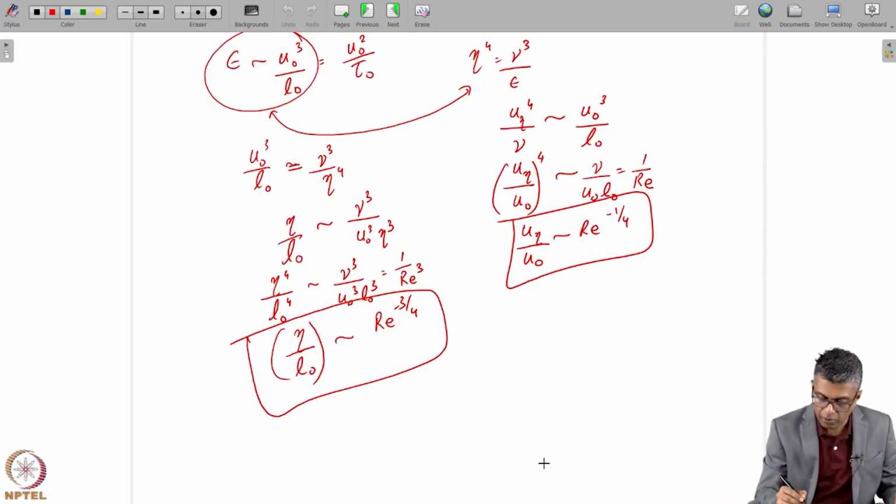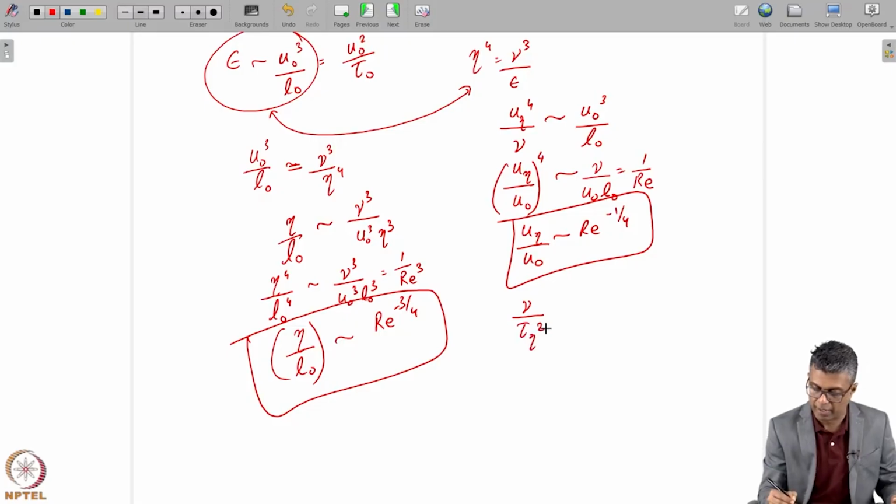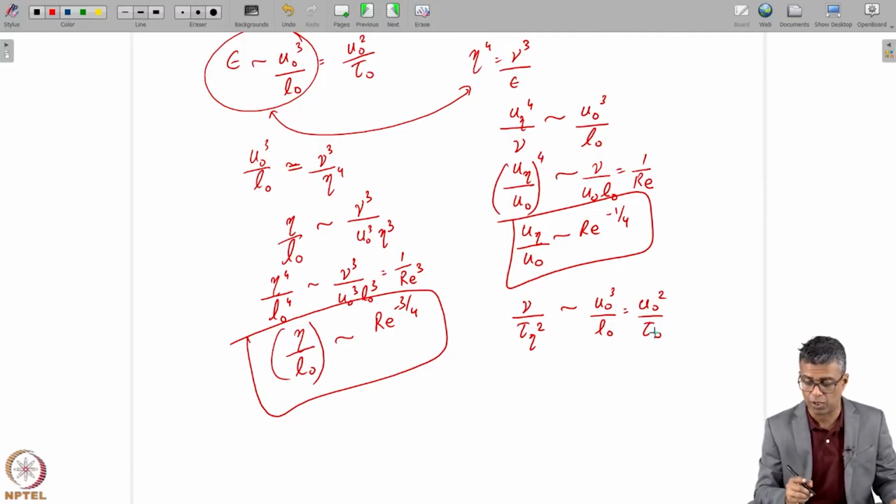So now I will use the third equation from the Kolmogorov relationships, and write epsilon in terms of nu over tau eta squared. Now this is of the order of magnitude of U0 cube over L0, which is also equal to U0 squared over tau 0 because I want it in terms of tau 0.